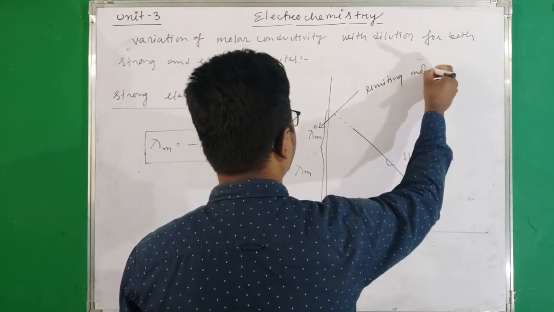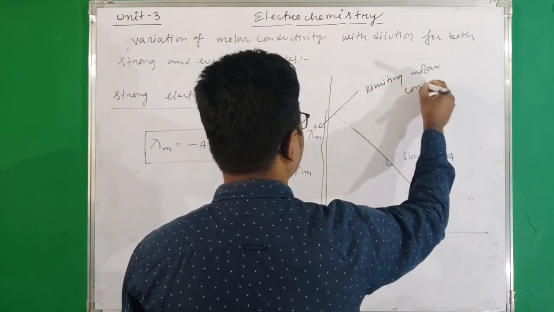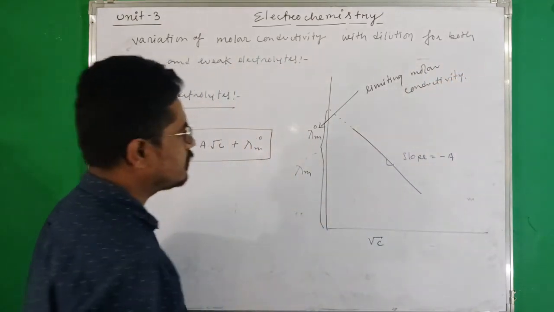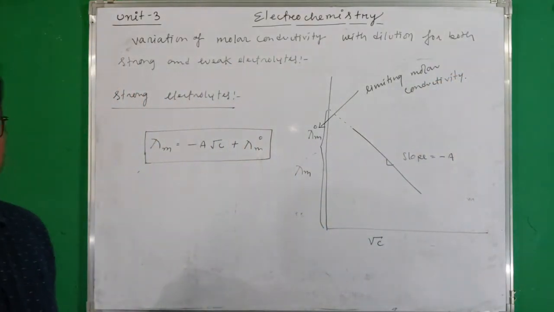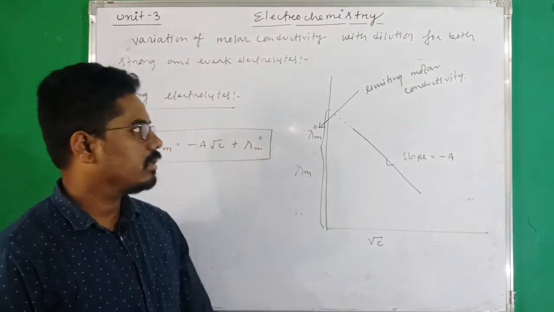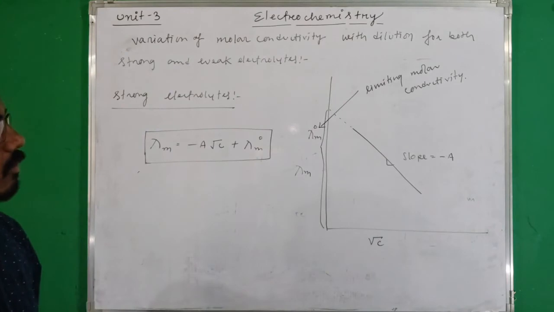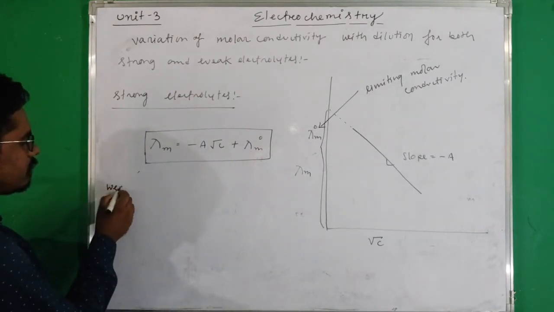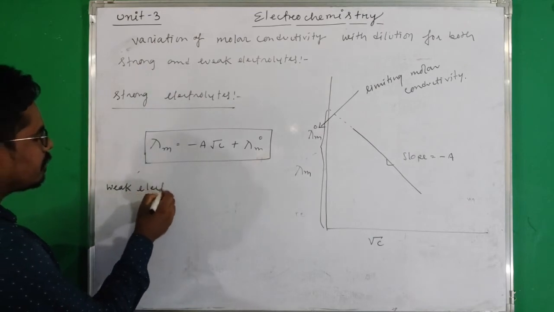In the case of strong electrolytes, we can determine the limiting molar conductivity from the graph. The intercept will give the limiting molar conductivity. But let us consider weak electrolytes.